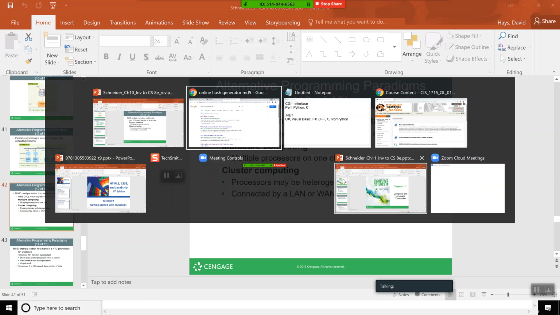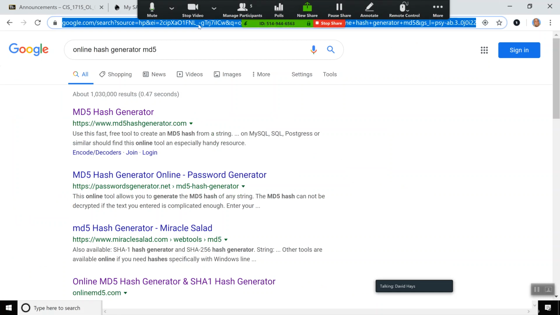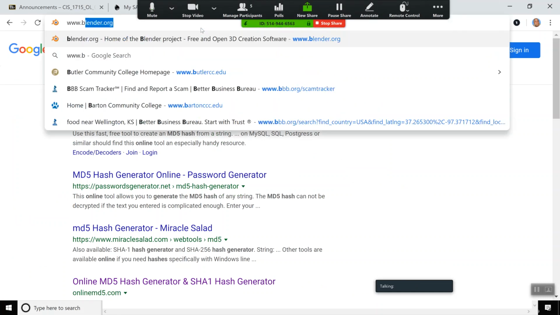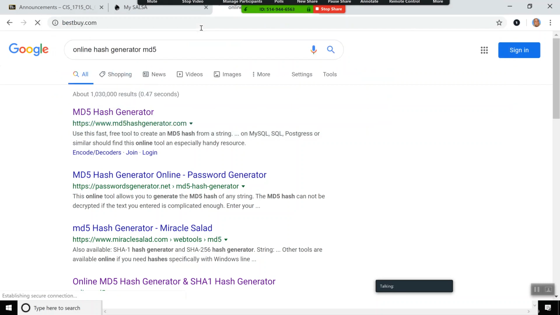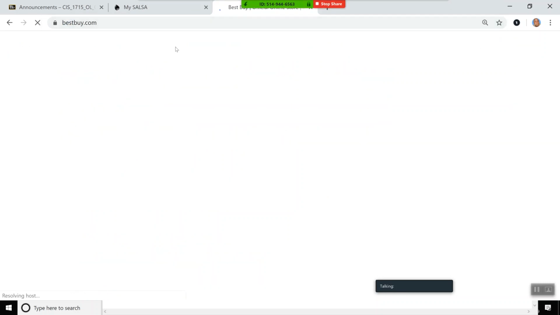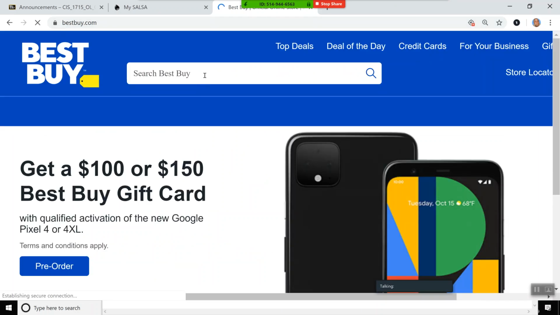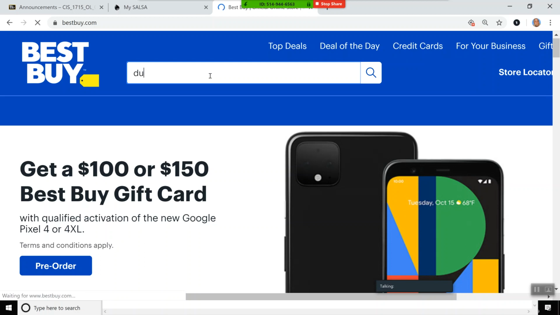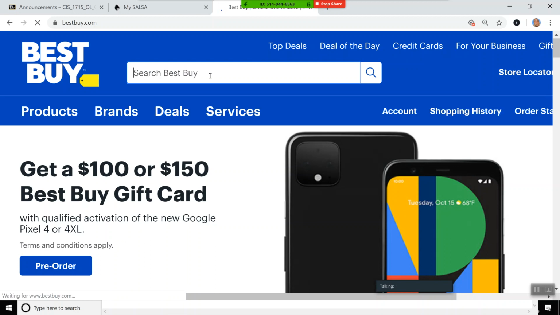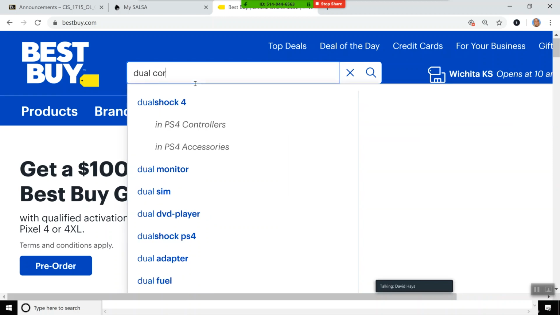What's the standard now on how many cores you get at Best Buy? It used to be dual core.